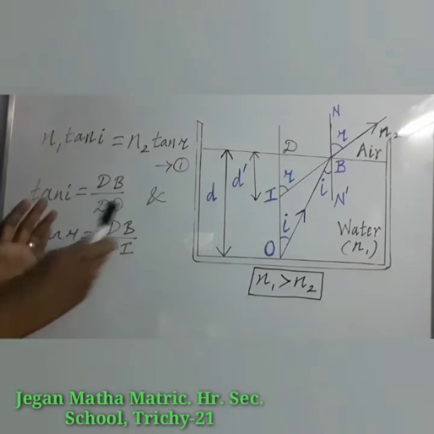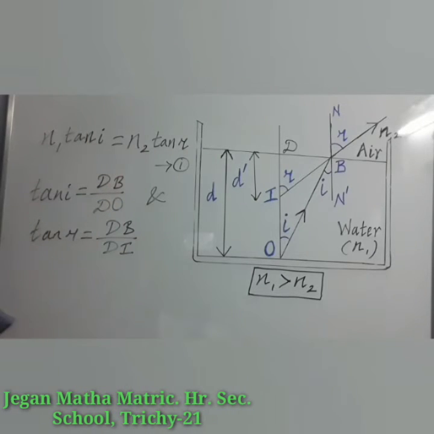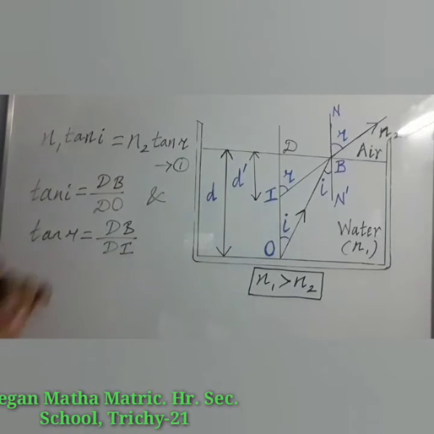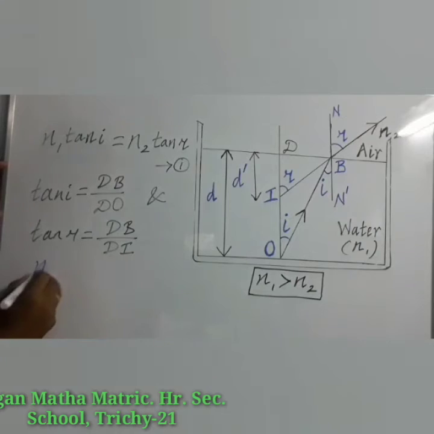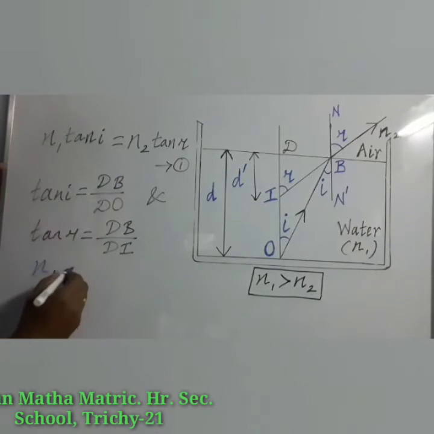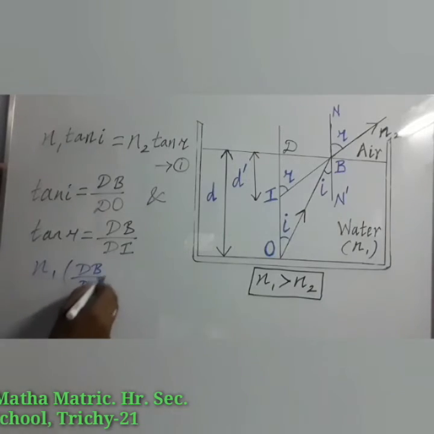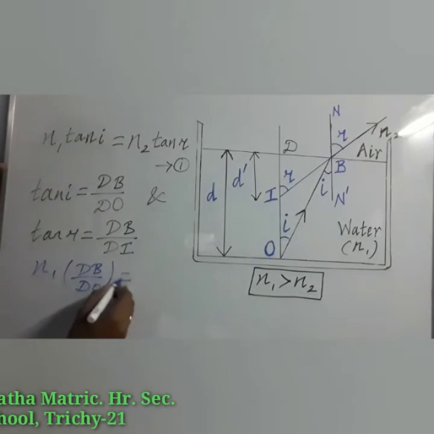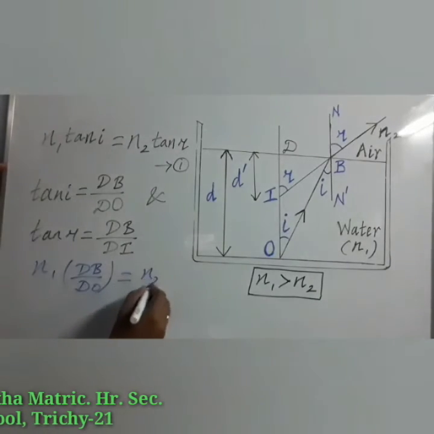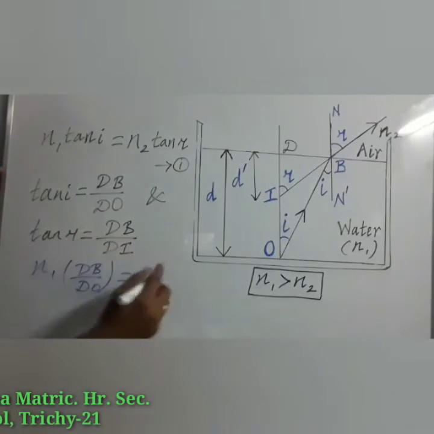We can apply these two values in equation 1. Now equation 1 becomes N1, what is the tan i value? DB by DO, is equal to N2, what is the tan r value?